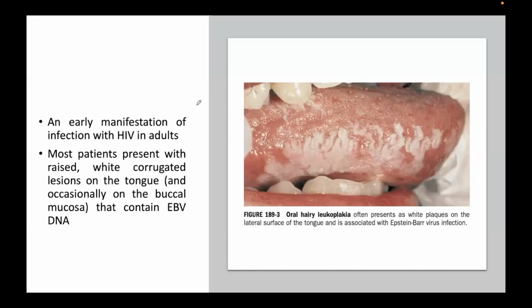Now here, this is mentioned at the end of the chapter. Oral hairy leukoplakia. Oral hairy leukoplakia. This is an early manifestation of HIV. These plaques, which you see along the tongue, contain Epstein Barr virus DNA.